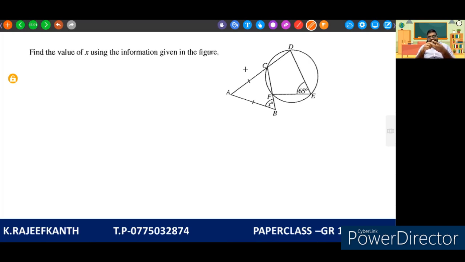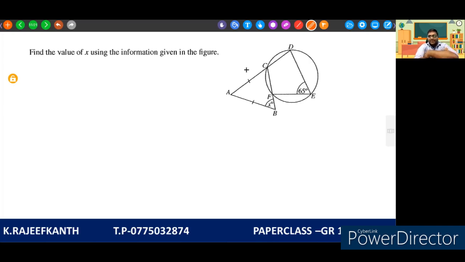And in an isosceles triangle, opposite angles of equal sides are equal, because here they have given that AC equals AB. Then by using these two, we can find the value of x.